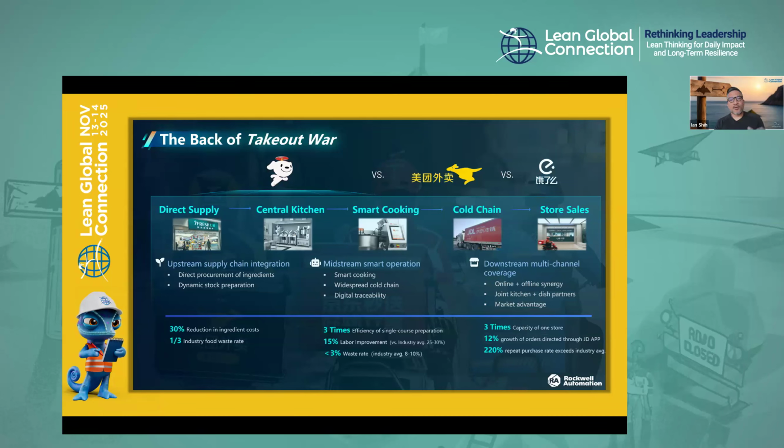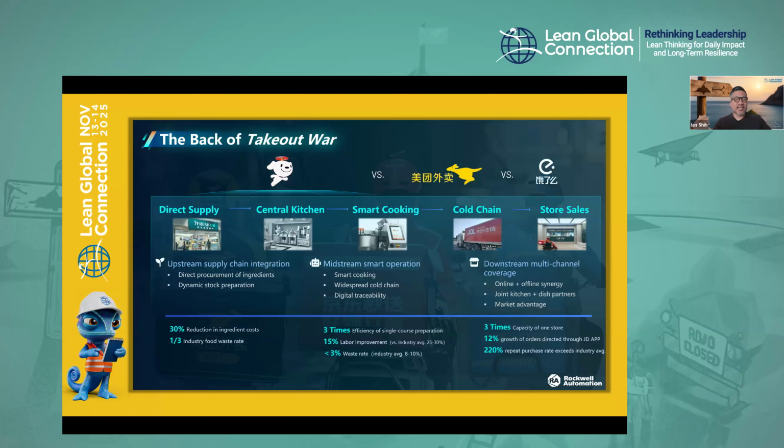Most importantly, through digital and automation capability, we help the upstream with food security track and trace capability, and with automated food processing machines we minimize the bottleneck of the chef while still guaranteeing the taste.